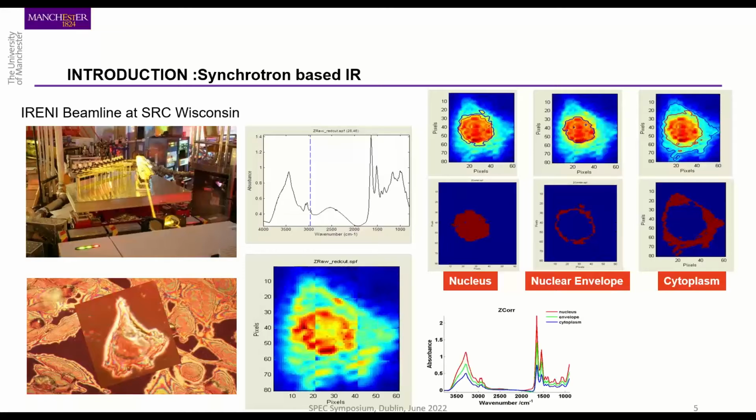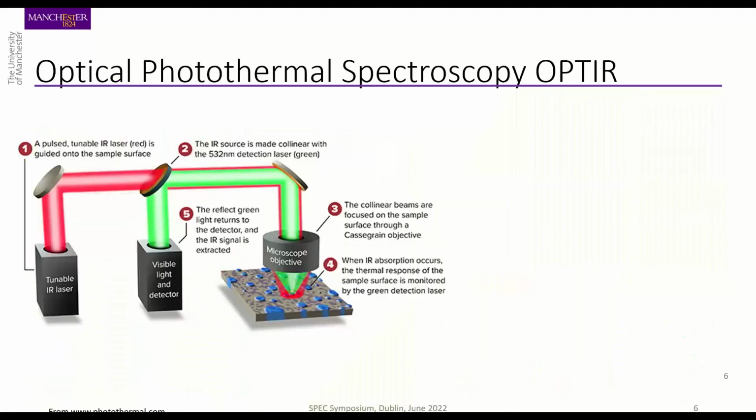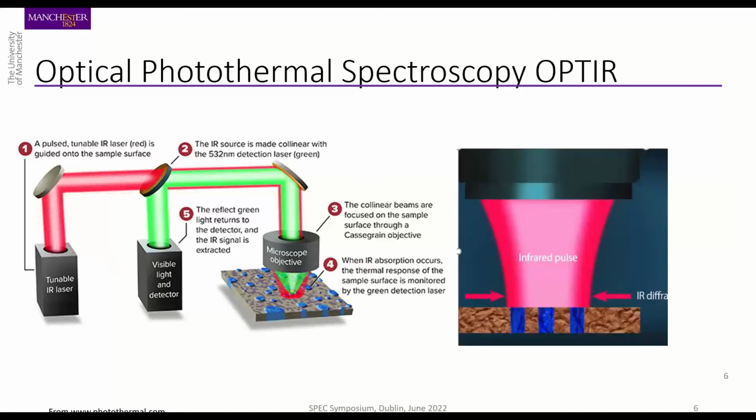So we were able to basically detect a nucleus and a cytoplasm, but we couldn't really get the information that we wanted. So we were very fortunate to get the first OPTIR system in the UK. I think it's one of the early systems.